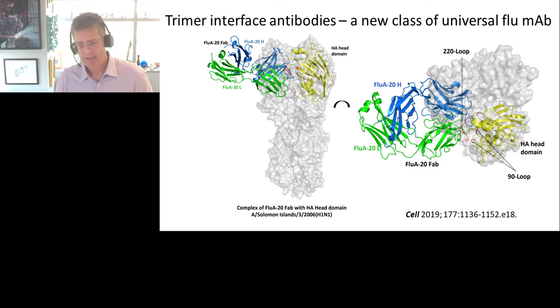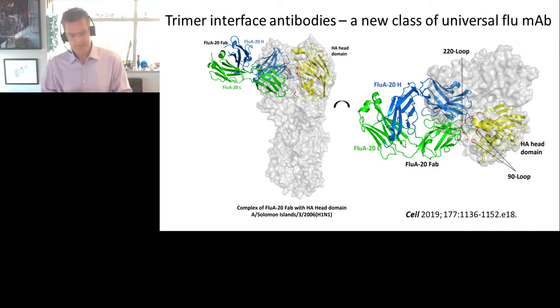It did that for H1, H3, H5, H7, various subtypes of flu A. So this is an example of a non-neutralizing antibody that works by a non-canonical method. And I think you're going to see a lot more of this. We've looked at this in other virus families, and you're going to see a lot more antibodies to hidden, occult epitopes, or what appear to be occult epitopes, in the interfaces between protomers that comprise an oligomeric construct.